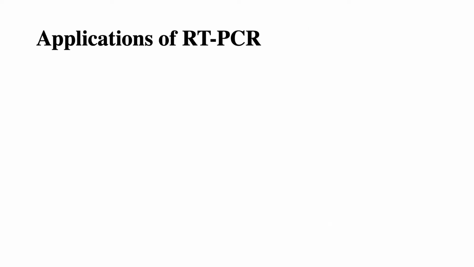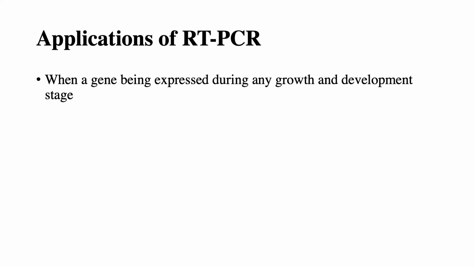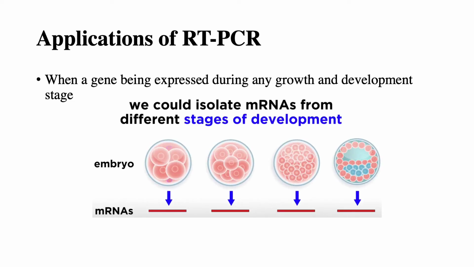Now we can examine some of the applications of these approaches. For example, we want to know precisely when a gene is being expressed during any growth and developmental stage of an organism. So we could isolate the mRNAs from different stages of the development and perform RT-PCR to get cDNA fragments that correspond to all of these mRNAs.